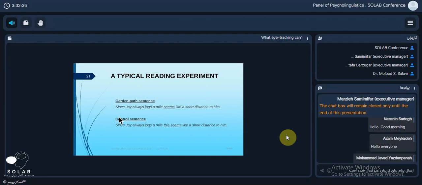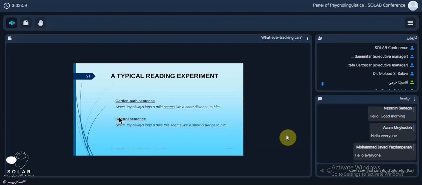You can't purely study what you want, the target of your question. For example, what about garden path sentences? Garden path sentences are sentences in which the meaning of the sentence or part of it is ambiguous. For example: Since Jay always jogs a mile seems like a short distance to him. The control sentence is: Since Jay always jogs, a mile seems like a short distance to him.